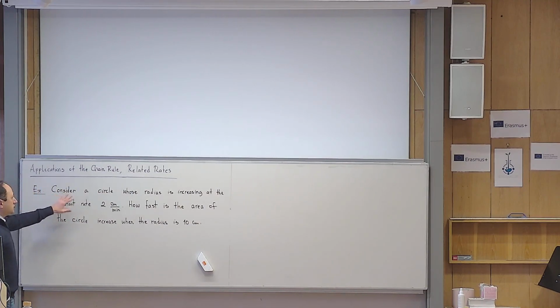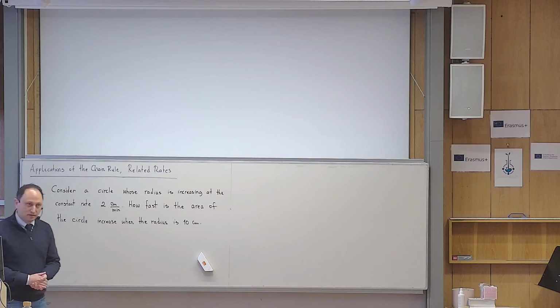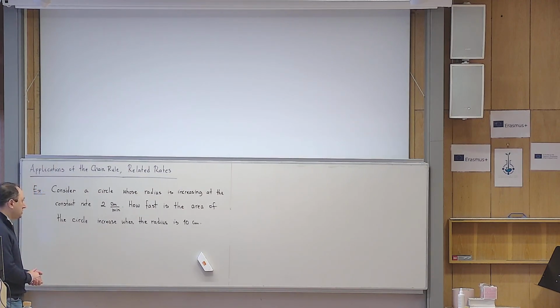Okay, consider a circle whose radius is increasing at the constant rate 2 centimeters per minute. So it means, roughly speaking, if you wait 1 minute, if the previous radius was 4, the new radius is 6. Yes? Every minute it increases by 2.